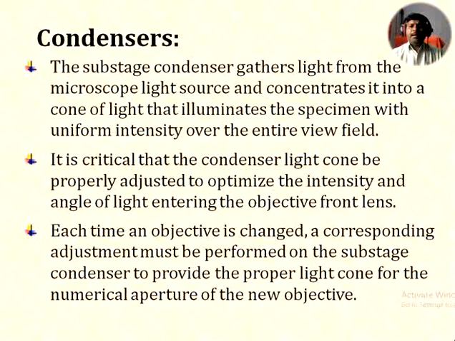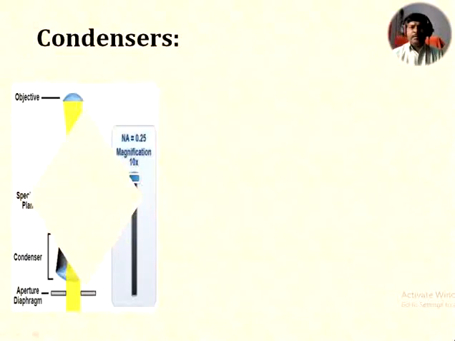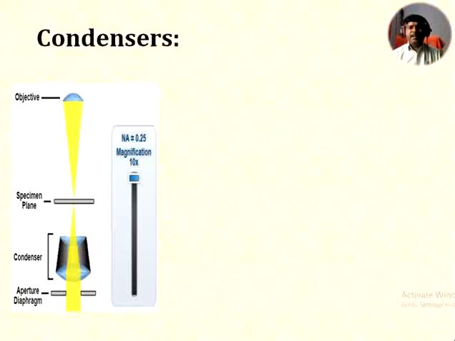That means the light transmission inside the condenser is different for different objectives, and that will matter during the working. Now see, here is the magnification at which we have to use these condensers, or how the condenser should be increased or decreased.